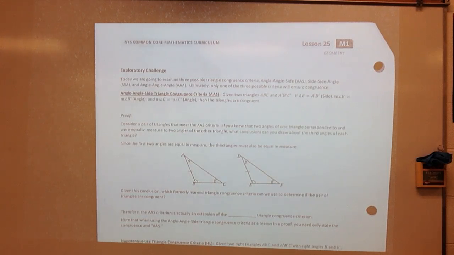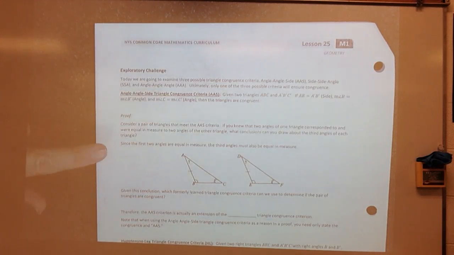So we're going to look at the angle-angle-side triangle congruence criteria. It says, given two triangles ABC and A prime B prime C prime, if AB is equal to A prime B prime, the side, and the measure of angle B is equal to the measure of angle B prime, which is our angle, and the measure of angle C is equal to the measure of angle C prime, which is our angle, then the triangles are congruent.